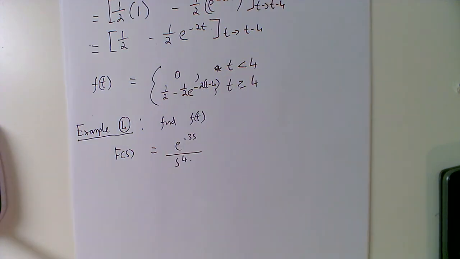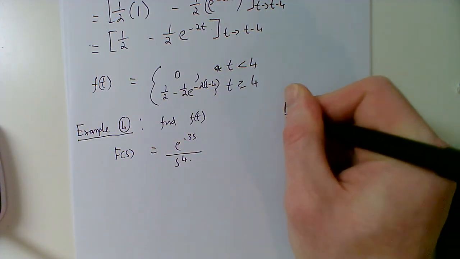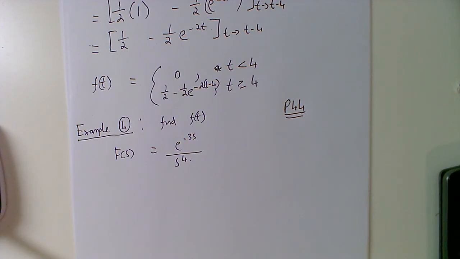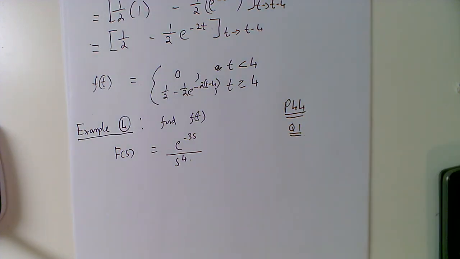So can you find... Now this question is on page 44 of your Laplace transform booklet, and it's question 1. And after this, I want you to try question 2 and 3 as well. Question 2 will give you the easy knowledge that you need to rewrite it as e to the power of negative 2s times 1. May help. Right.